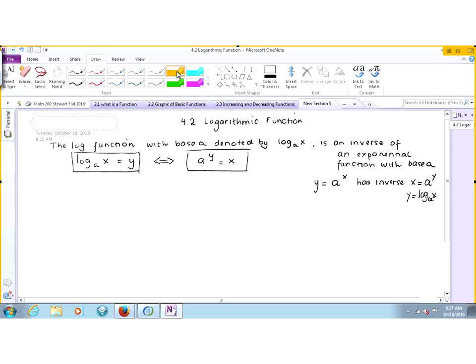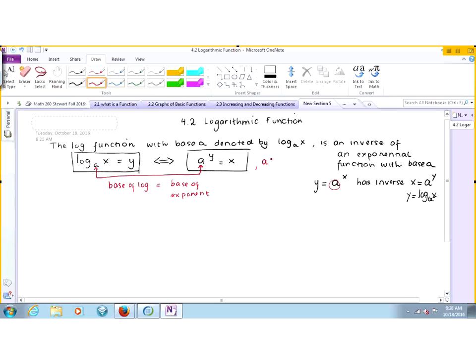Now, a few observations. Okay. The base of the log is equal to the base of the exponent. All right. Now, is there a restriction on A? Last time, is there a restriction on A for these?